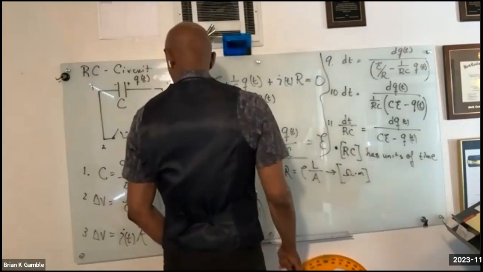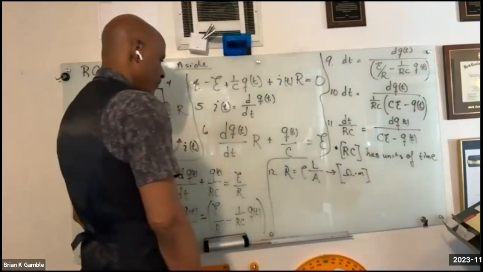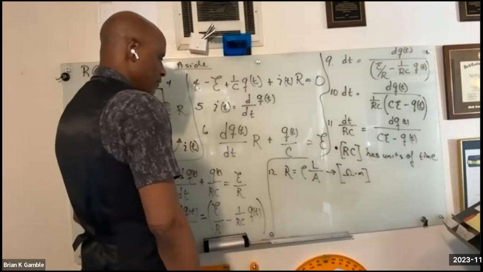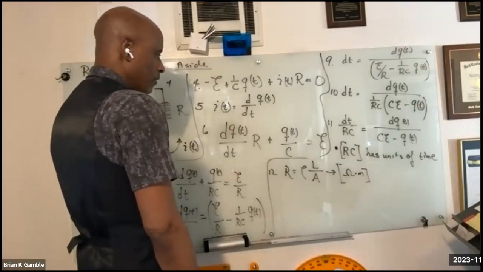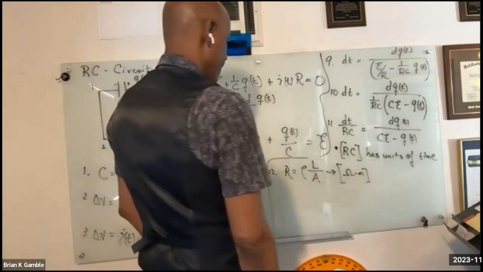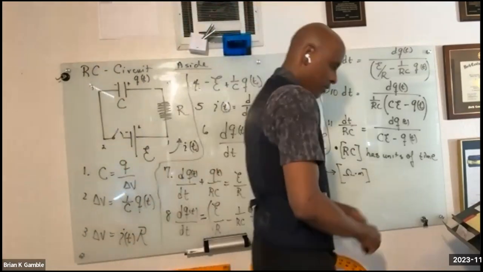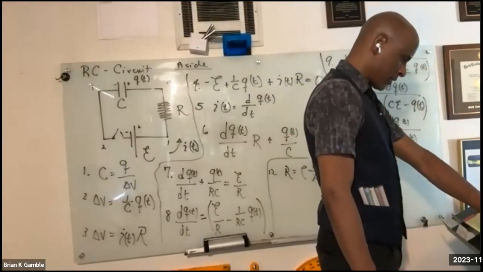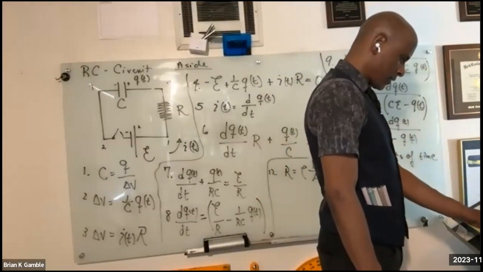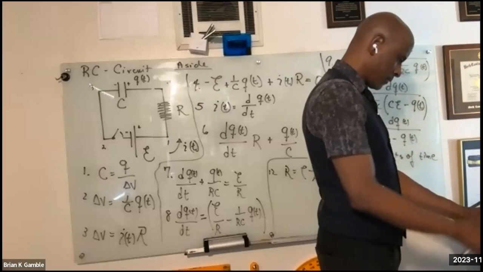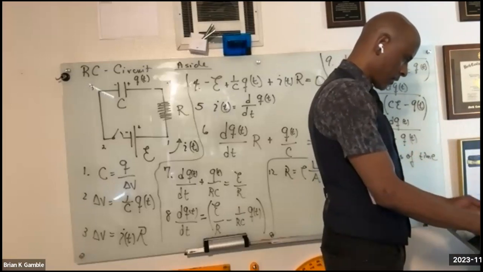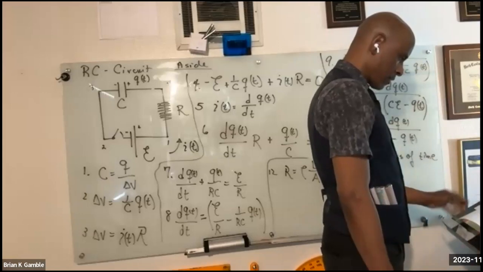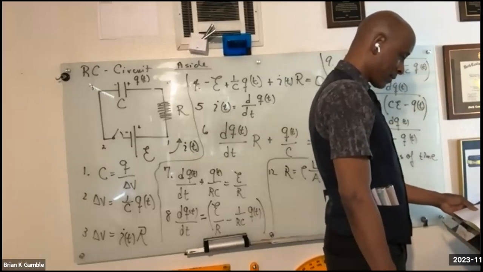And capacitance is coulomb per volt. That doesn't really help directly. What is the quickest way to show that? I might do it here someplace, but maybe later. Sorry, I didn't show that RC has units of time. Okay, well, I didn't do that.